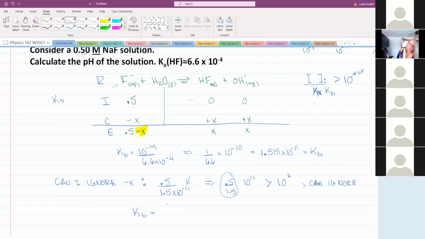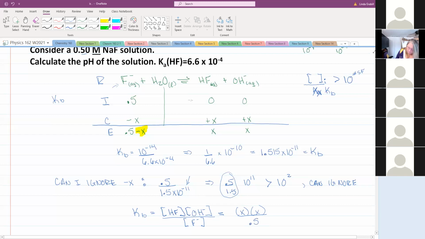HF times OH over F times H2O. Wait, no, don't include H2O. It's just F. Perfect. And is anything raised to an exponent? No. Perfect, there's no coefficient in front of that. So then I can write this in terms of my x's. If I'm ignoring the minus x portion, I'm going to have x times x divided by 0.5.